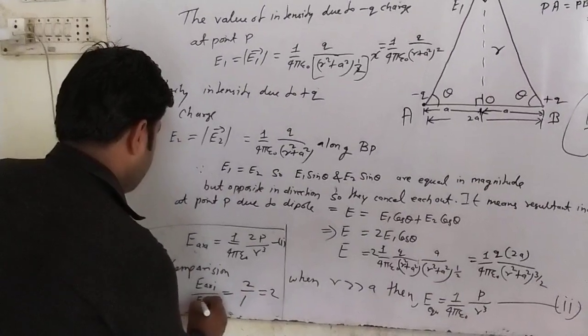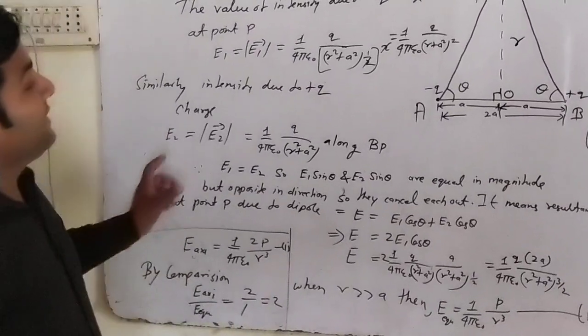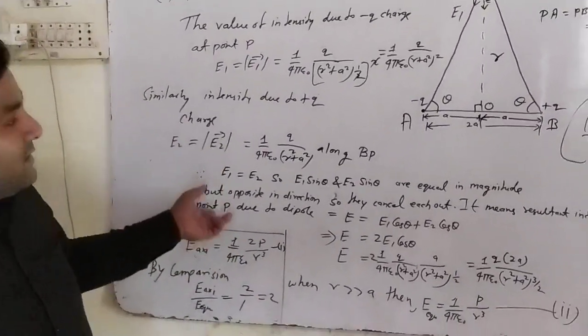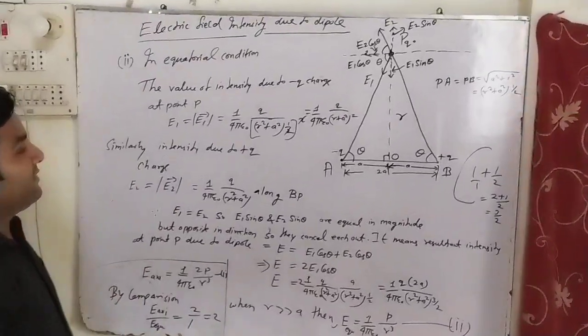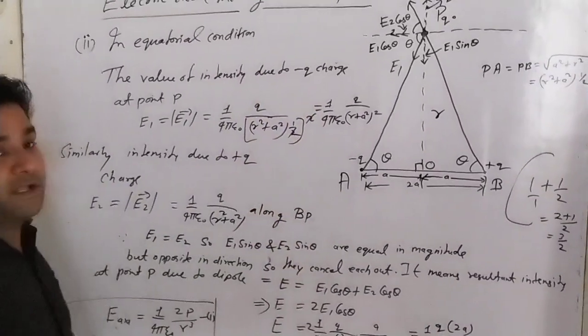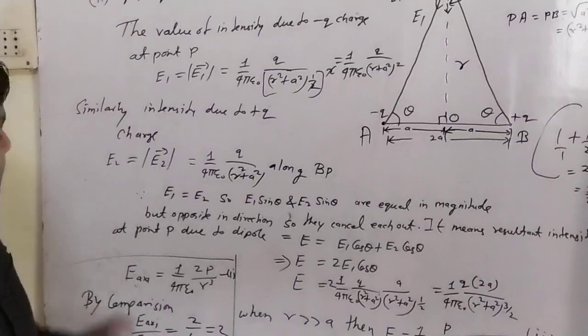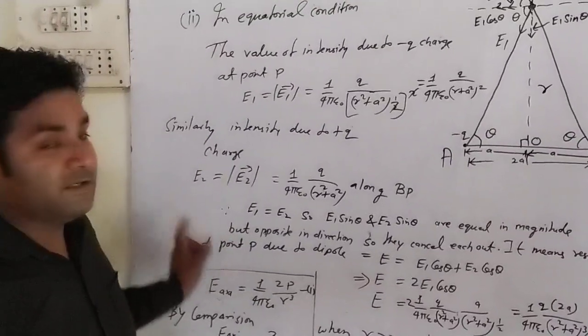Very simple derivation. In this derivation and the previous one, the diagram concept is what matters. Whenever the diagram is clear, you can derive very easily. So for today, that is enough. Thank you.